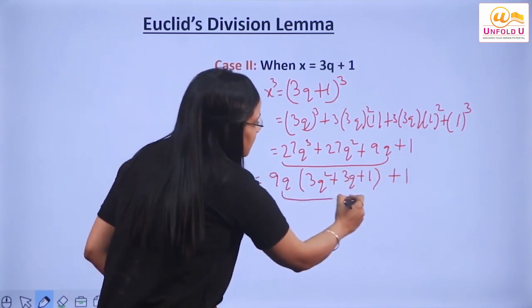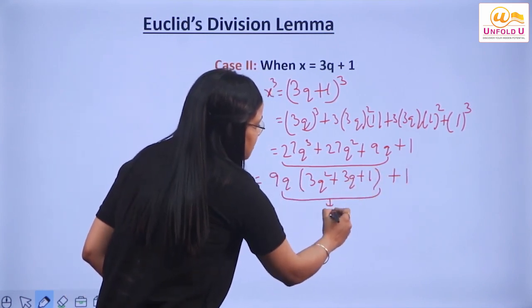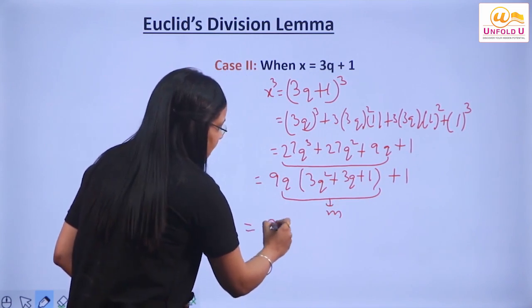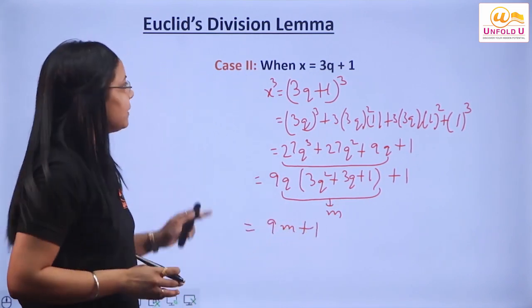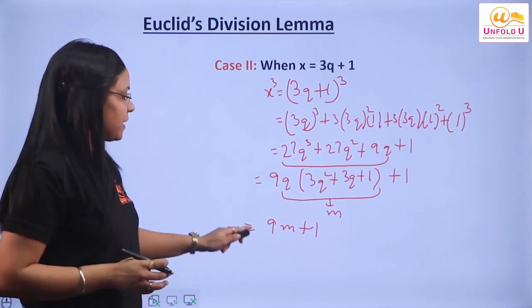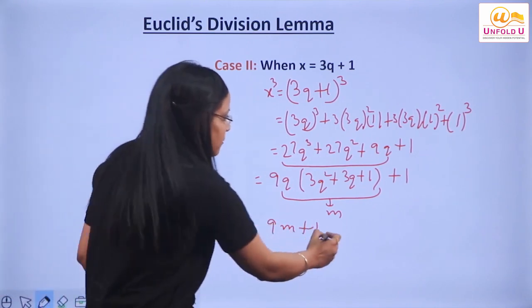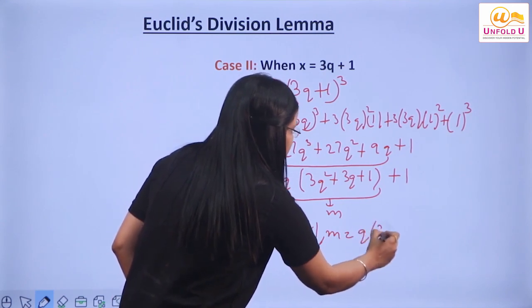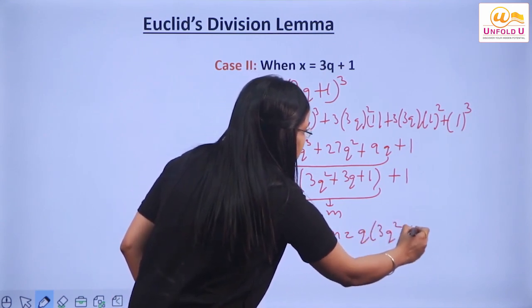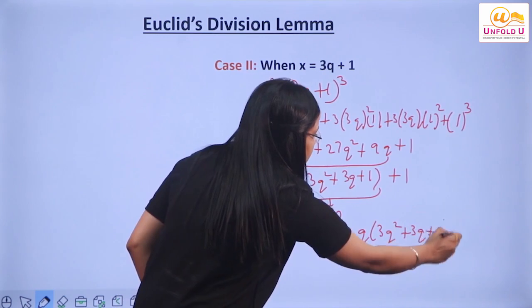Now you can put this to be equal to m. Finally we get 9m plus 1. So in this case x cube is of the form 9m plus 1, where m is q into 3q square plus 3q plus 1.